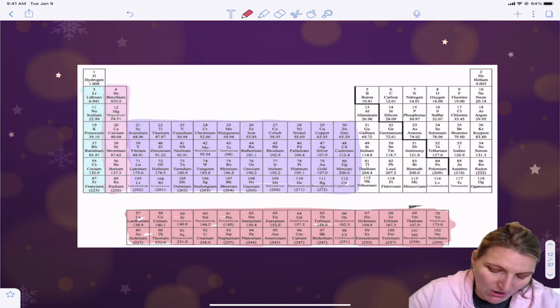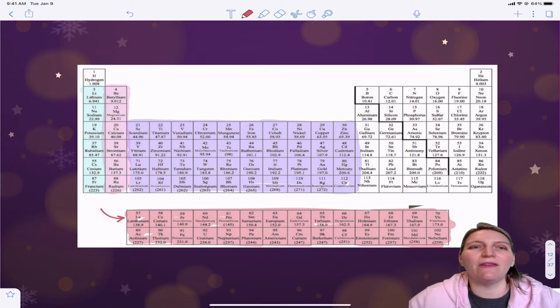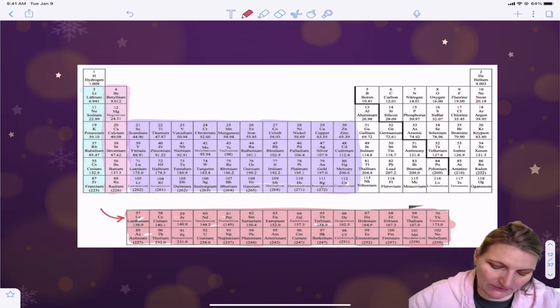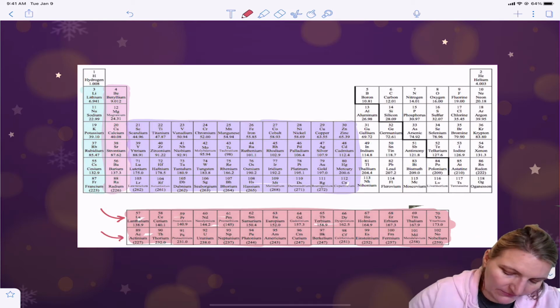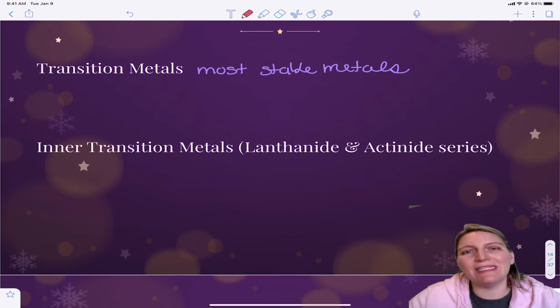And the top row of that starts with the element lanthanum, and that's called the lanthanide series or the lanthanoid series. And the bottom row starts with the element actinium and is the actinide series or the actinoid series. What can we say about them in terms of properties?